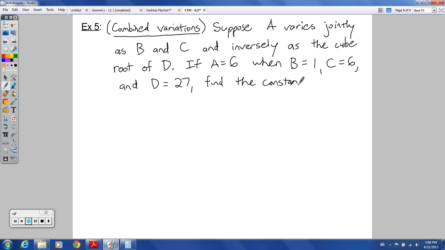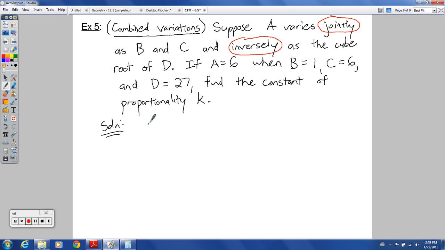So find the constant of proportionality k. Okay, so this one we have to combine two ideas together to start. It's varying jointly. Let's circle that part in our different color, and inversely. So if it's jointly and inversely, we have to translate this into an equation. What is that going to look like?